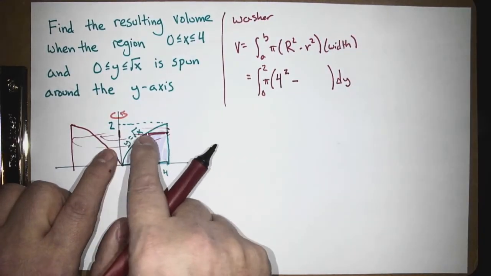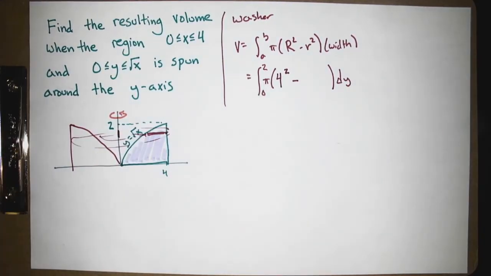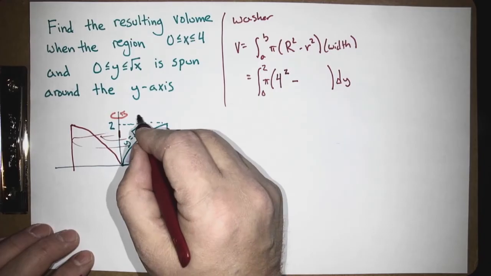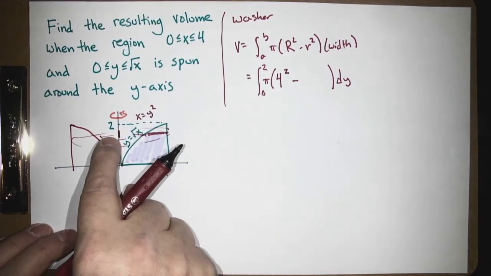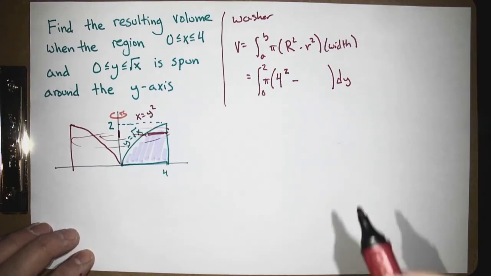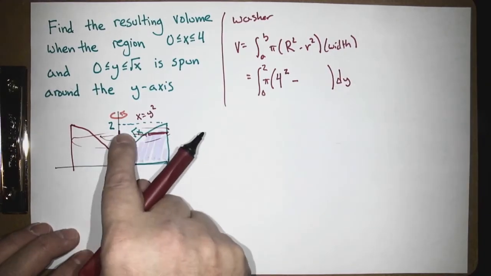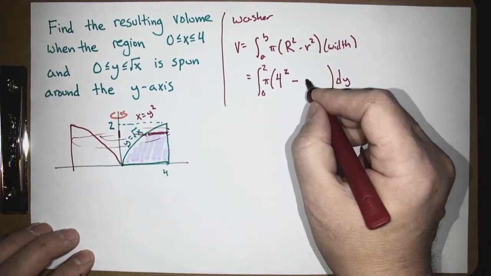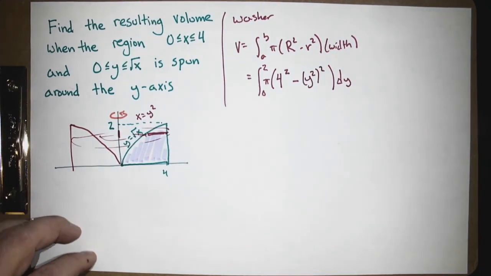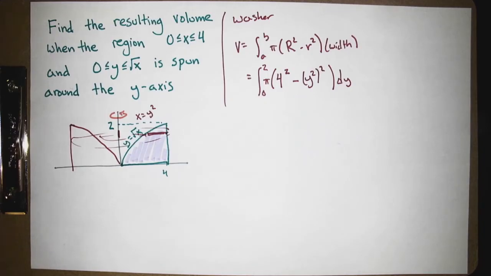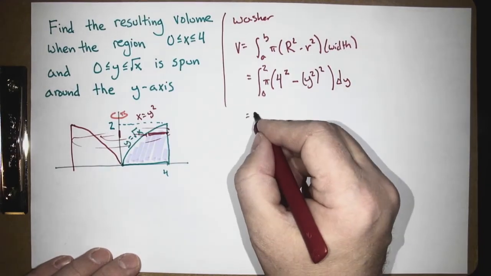What's the inner radius? y squared. So the distance is y squared to 0, so it'd be y squared squared. All right, great. Well, we could probably integrate that.